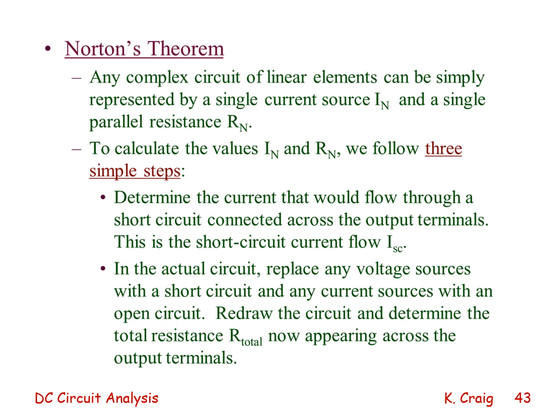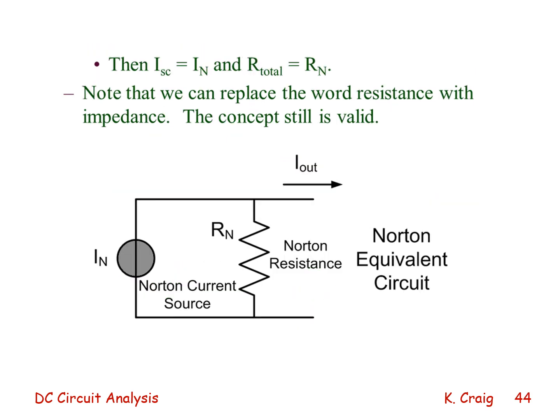Then in the actual circuit, replace any voltage sources with a short circuit and any current sources with an open circuit. Redraw the circuit and determine the total resistance, R total, now appearing across the output terminals. This is identical to step 2 for the Thevenin equivalent circuit. Then I short circuit equals I Norton, and R total equals R Norton.